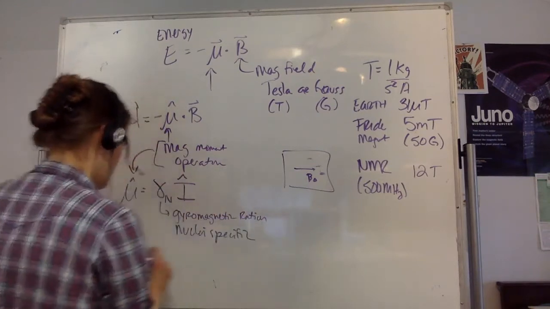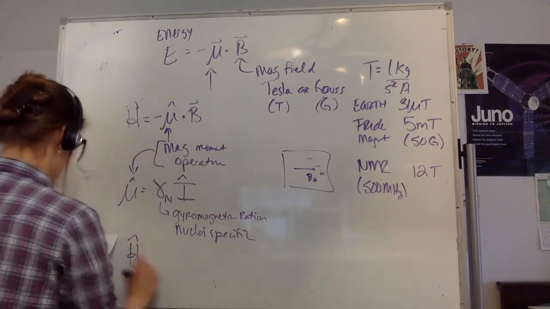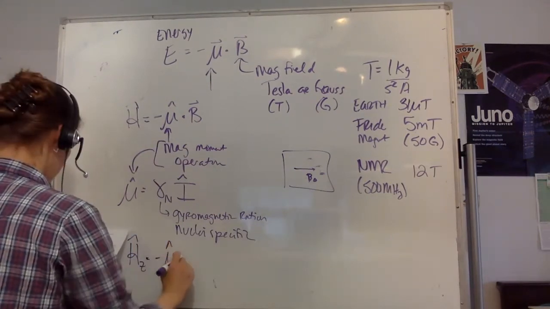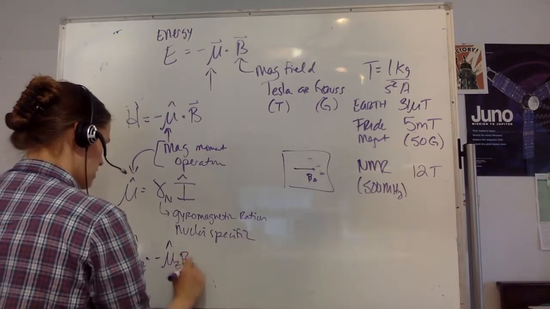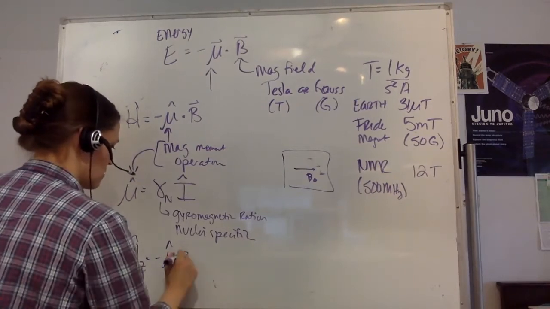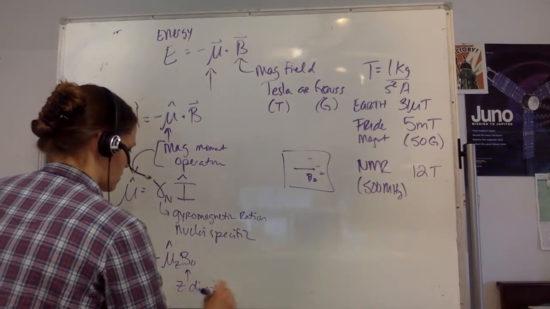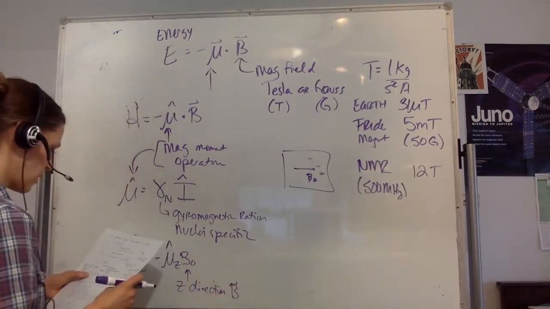So we're going to have the Hamiltonian in the z direction equal to minus the magnetic moment operator in the z direction times B0, which is the z-direction B field.